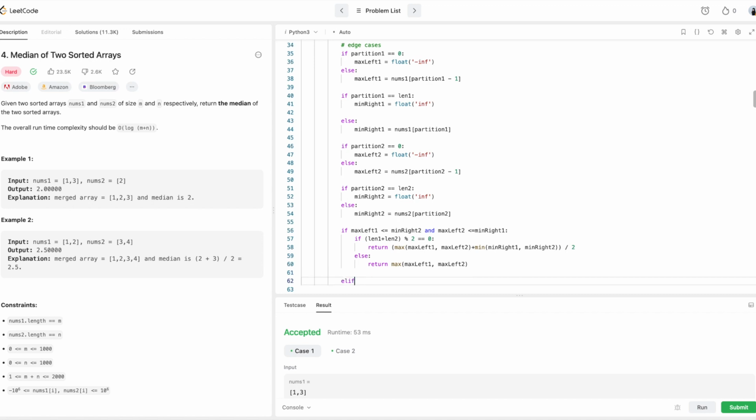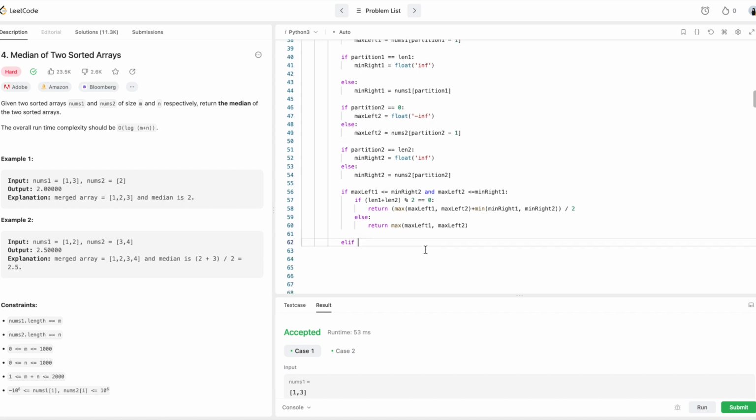And in the other case, if our partition hasn't been solved correctly yet, we need to move our pointers within nums1. So if max left 1 is greater than min right 2, then it means our left is too big. We need to move our pointer to the left.